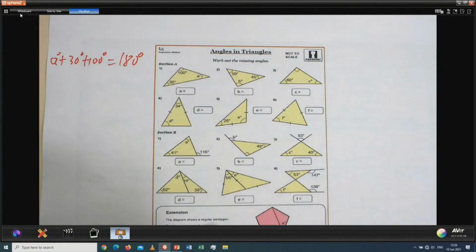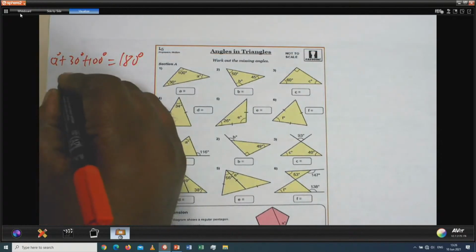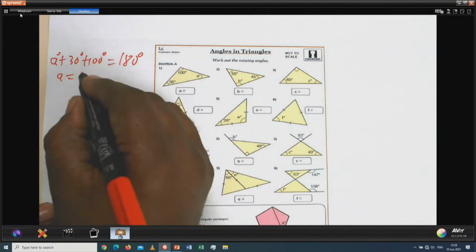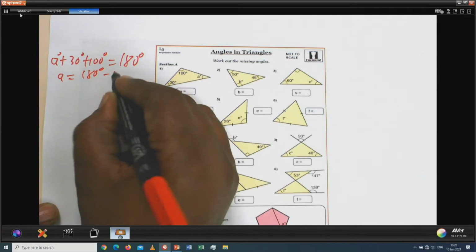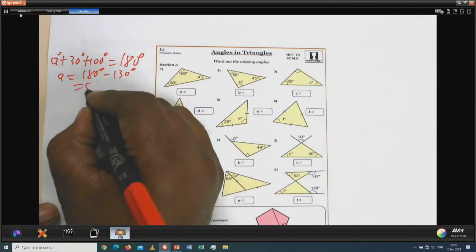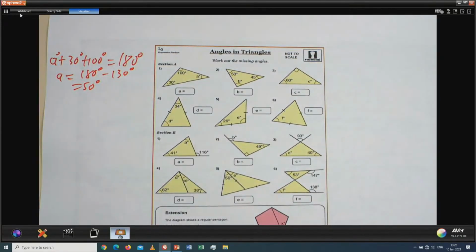What do you know? What are you given? It's a triangle. When you add all of them, it will give you 180. Therefore, your A will be 180 degrees minus 130 degrees, which is 50 degrees. But you are assisted by your properties.